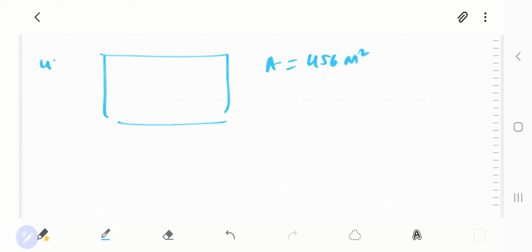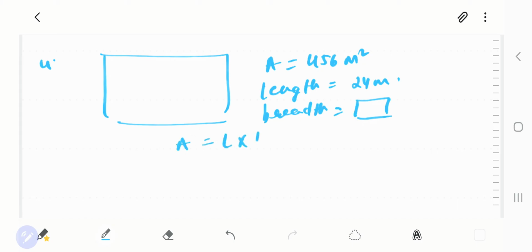Number 4, which says the area of a rectangular field is given as 456 meters square and the length is also given as 24 meter. We have to find the breadth. My dear kids, area is length into breadth. Area I'll put as 456, length we have 24.